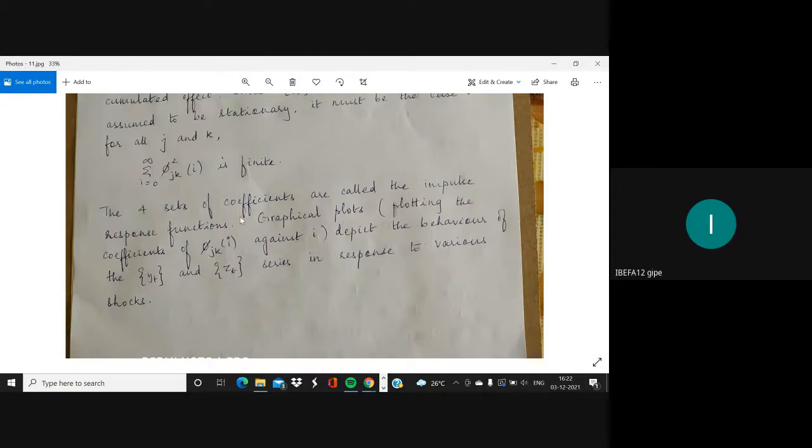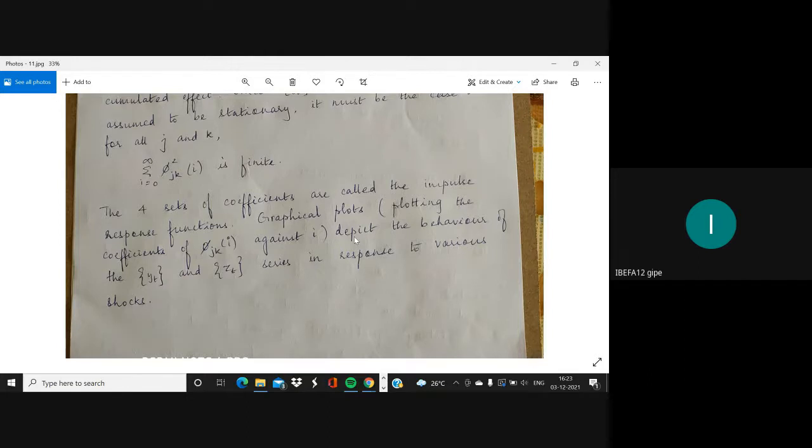Then the four sets of coefficients are called the impulse response functions: your phi 1 1, phi 1 2, phi 2 1, and phi 2 2. They're all impulse response functions. Graphical plots of the coefficients phi jk of i against i depict the behavior of the yt and zt series in response to various shocks.